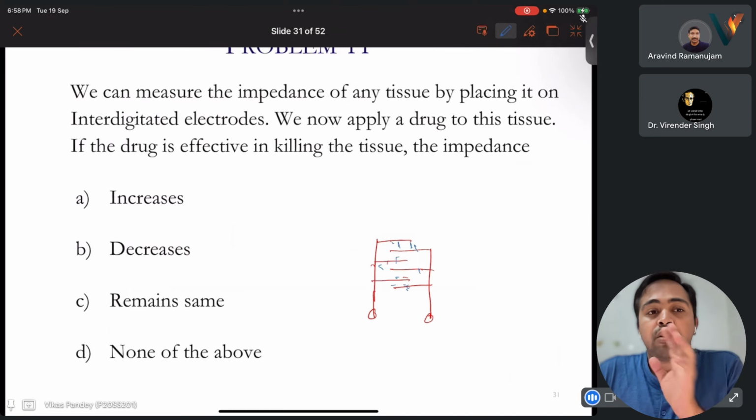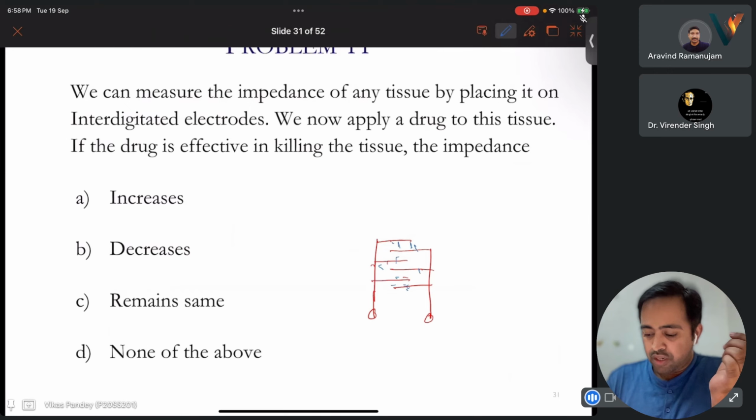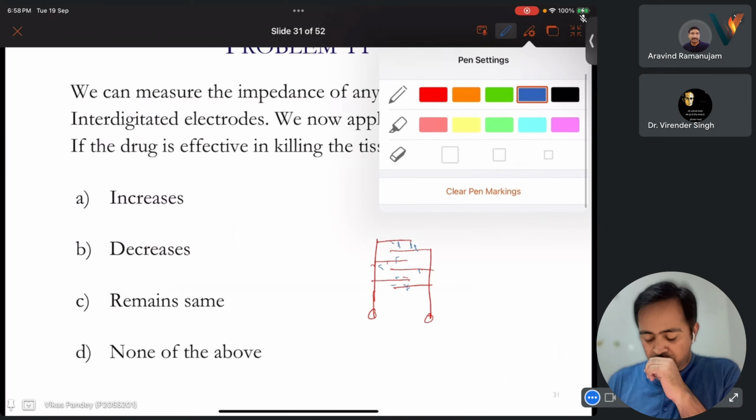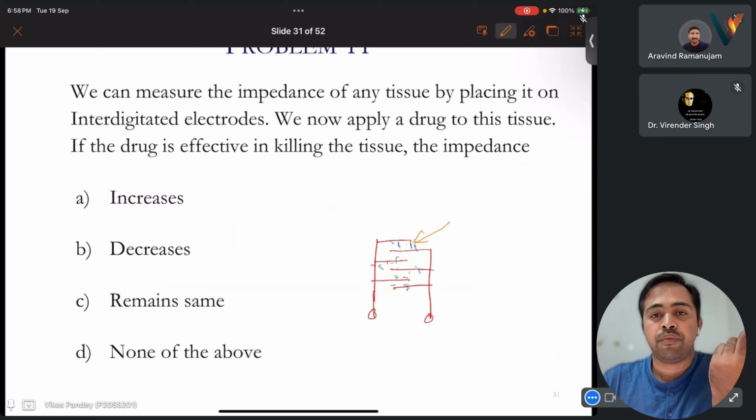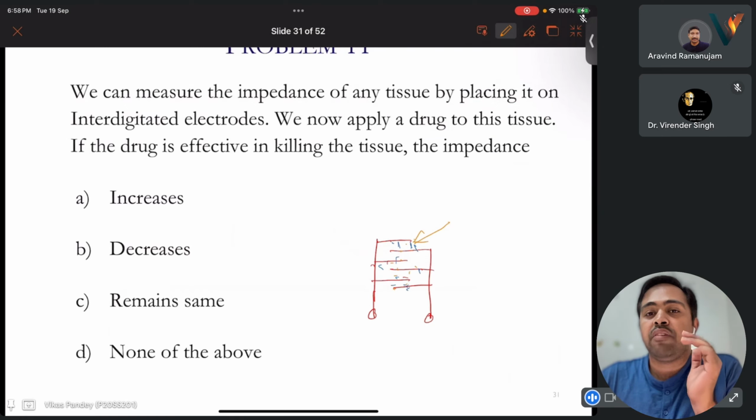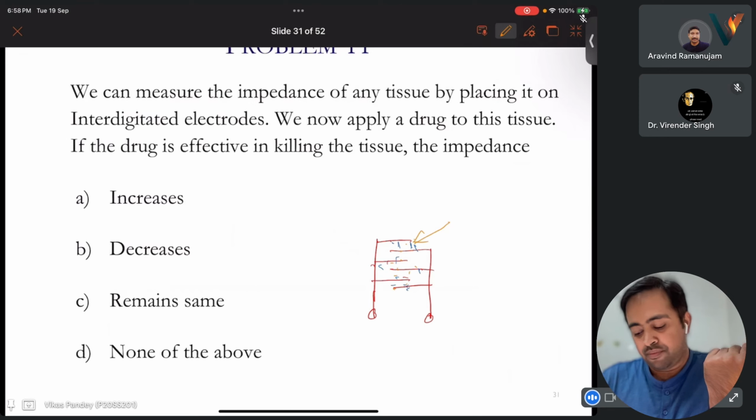We now apply a drug to this tissue, and that drug is supposed to kill this tissue. If the drug is effective in killing the tissue, the impedance will increase, decrease, remain the same, or none of the above.